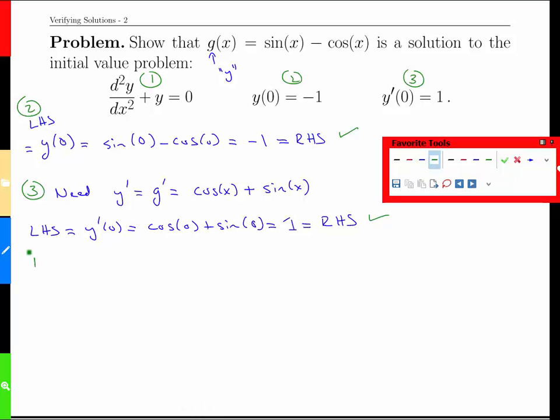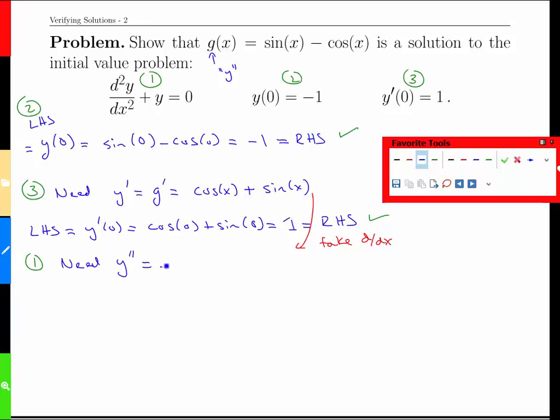Now, the most complicated one is the first equation, the actual differential equation, and for that, we need y double prime, or the second derivative here. Now, we've already calculated the first derivative, so that's handy. So what we're going to do is take another derivative and get to the second derivative.